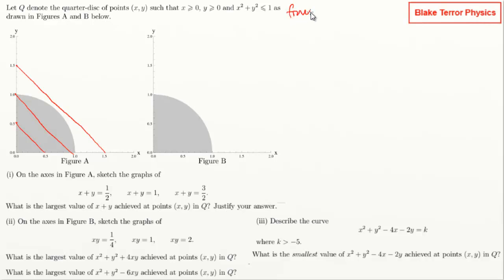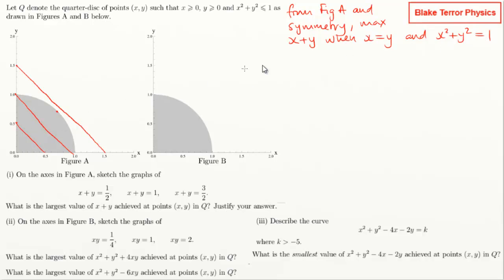From figure A and symmetry, because we've definitely got symmetry going on here, we're going to get the largest value when this is just touching, when it's tangent here at x equals y. We get a maximum x plus y when x equals y and it's on the edge of the disk: x squared plus y squared is equal to 1.